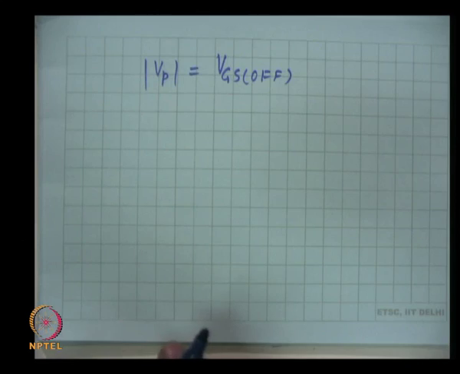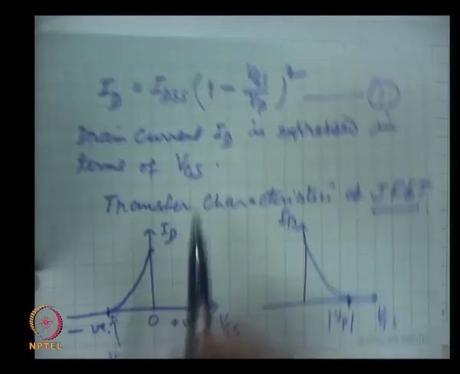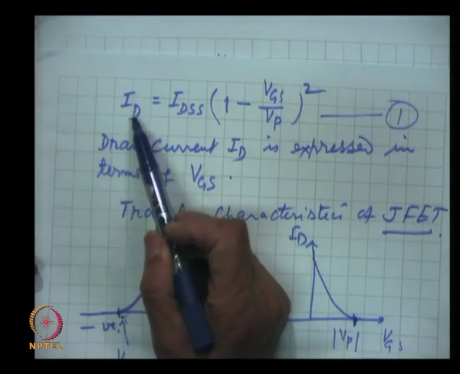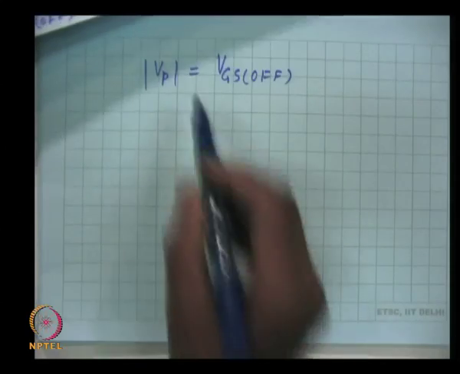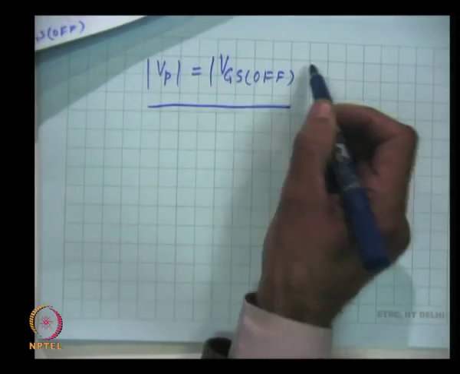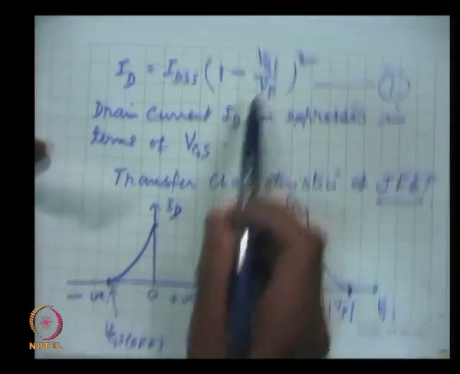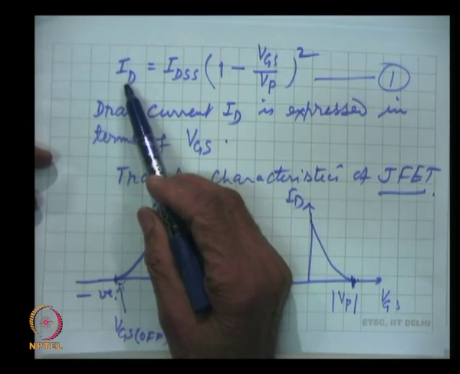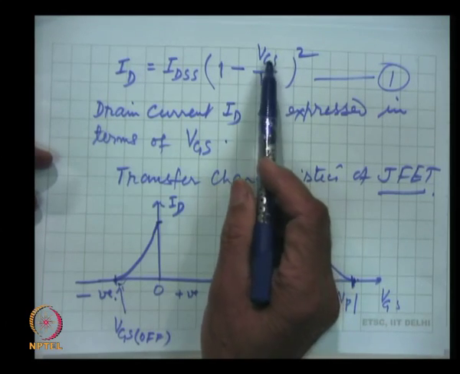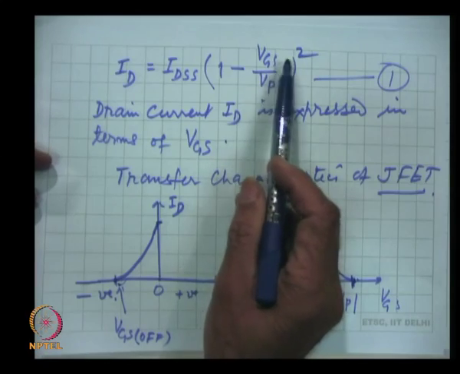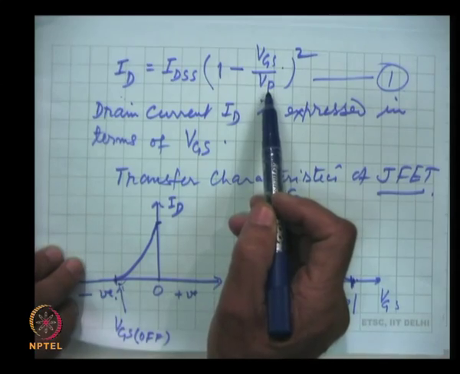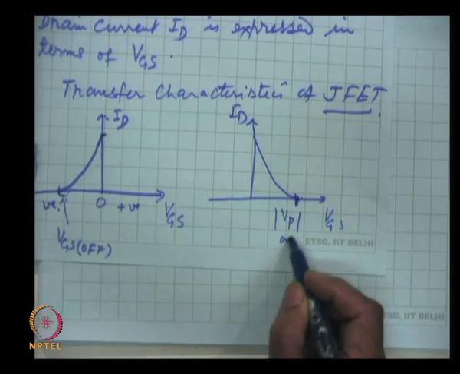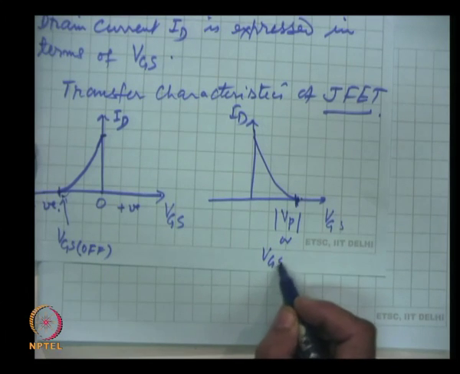And we can see from this curve, when drain current is 0, VGS off is equal to this relationship; we get it right from this equation 1. By putting ID equal to 0, we get the magnitude of VGS off, because that will put the drain current 0, and that will come out to be Vp. That is why I have written here Vp, or it is same as VGS off.